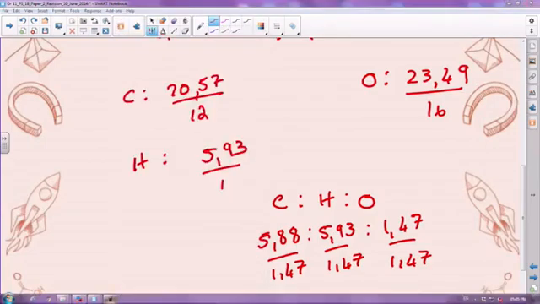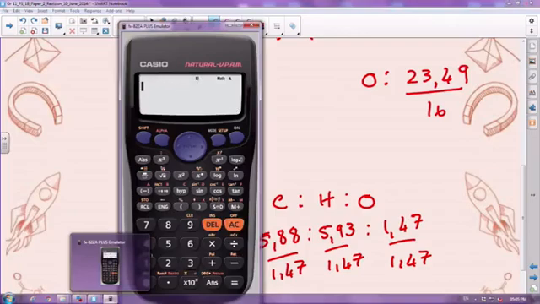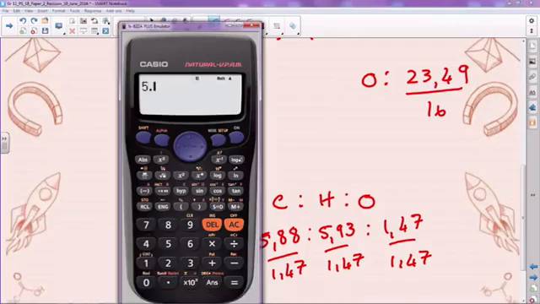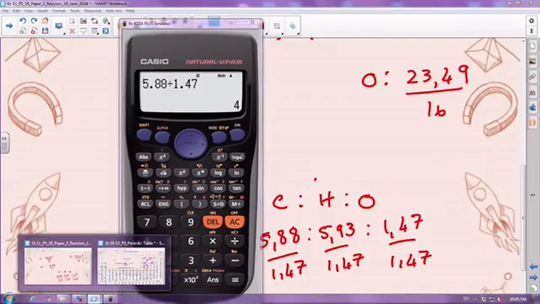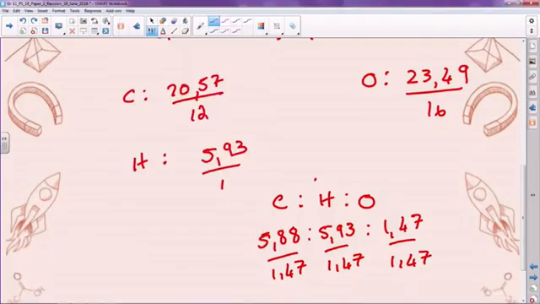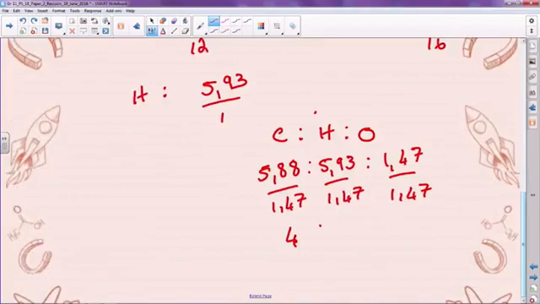Then my second one, 5.88 divided by 1.47, gives me 4. So both of these, when we round them off, I'm going to have 4 to 4 to 1. So I'm going to have C4H4O. That gives you your empirical formula.